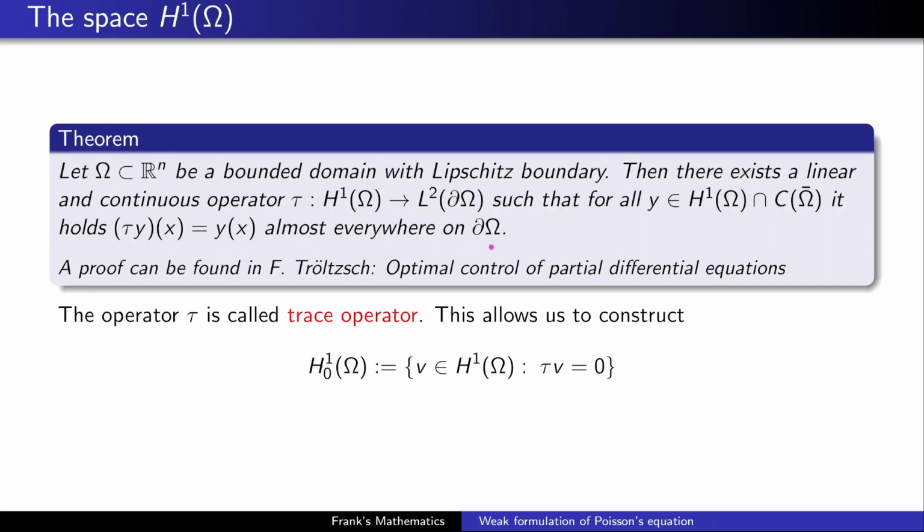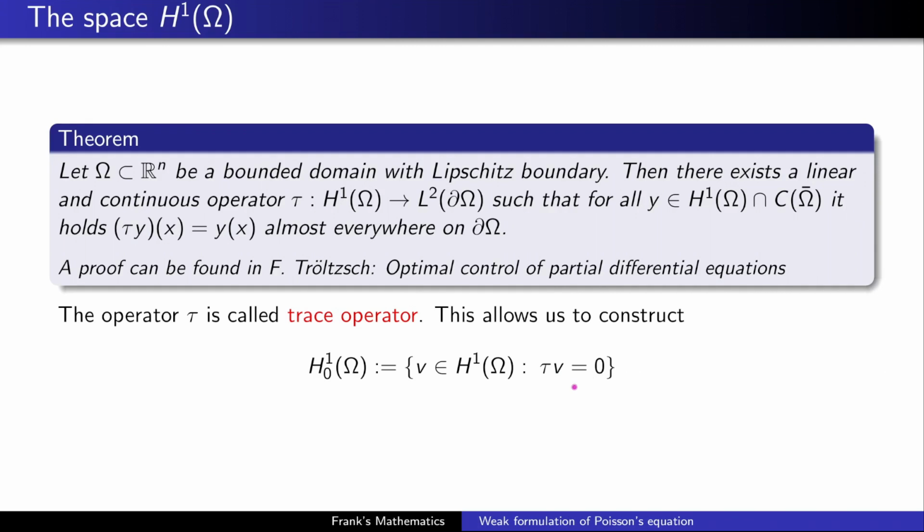This is a quite important result, because this is an operator. This operator can now be used to define the space H01. You can find it here. We just say, okay, take an element of H1 and say, well, the so-called trace operator, so tau is called the trace operator, applied to our function v must be 0.